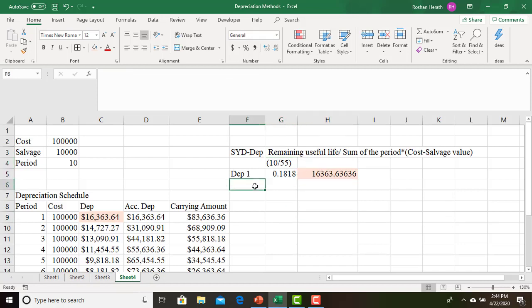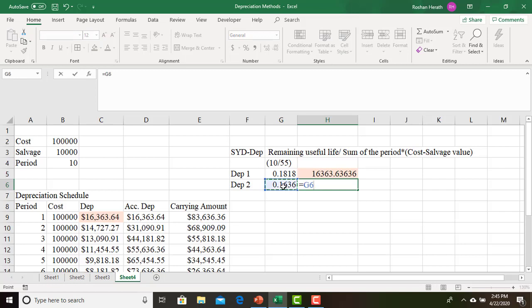If I compute the depreciation for the second year, I have to compute the ratio again. The first year is over, so only 9 years is left. The sum of the years is 55, so it is 9 divided by 55. Multiply this percentage by cost minus salvage value, so it is 14,727. That is exactly equal to this.